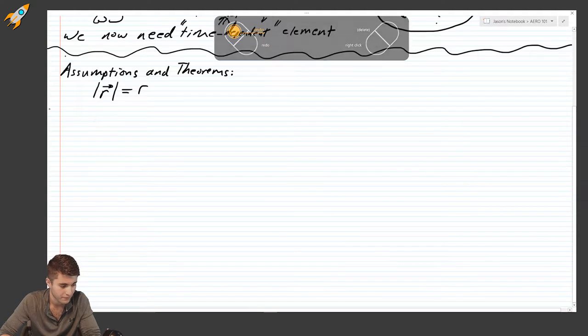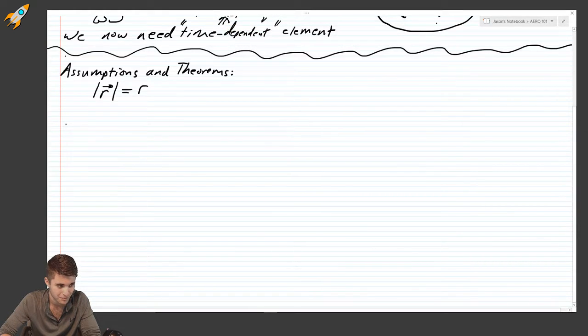Assumptions, I know, but we have to make them. r dot, r with a little dot on top of it, is actually just the derivative of the r vector with respect to time, which is also v. Like that. And the magnitude of r dot is just r dot, and that's just v, okay?